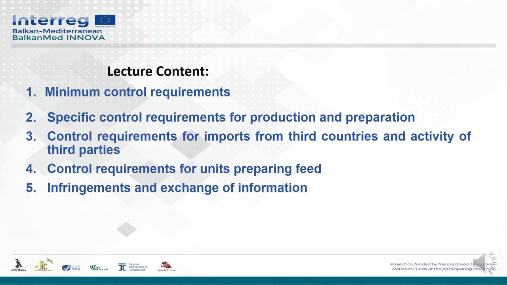It could be quite interesting for the people that deal with organic agriculture to speak about minimum control requirements, specific control requirements for production and preparation, control requirements for imports from third countries and activity of third parties, control requirements for units preparing feed, and infringements and exchange of information.